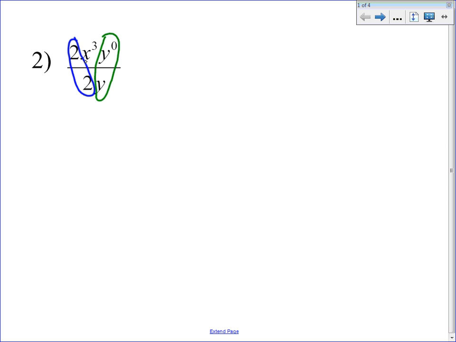The x to the third power is just standing alone, so it's going to stay there. But if we look at 2 over 2, that, being any fraction, would simplify to 1, so that's going to cancel out. Over here, we're left with x to the third, and then you have y to the 0 and y.